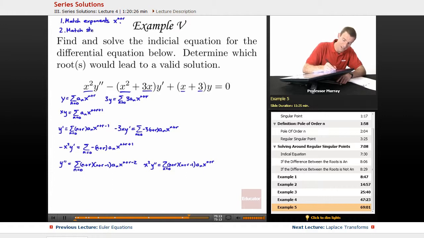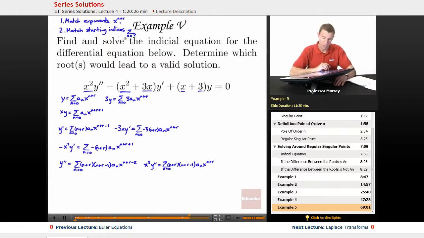Of course, we'll only get to that after we match the exponents. So we'll want the starting index everywhere to be the same. So we'll see what that has to be after we match the exponents.